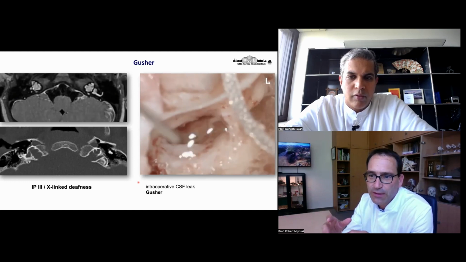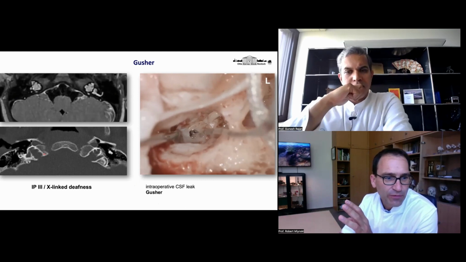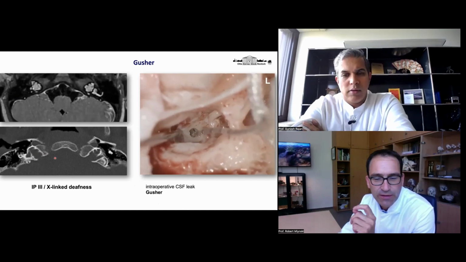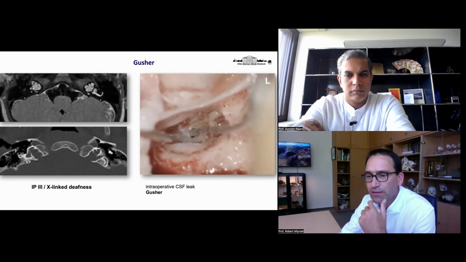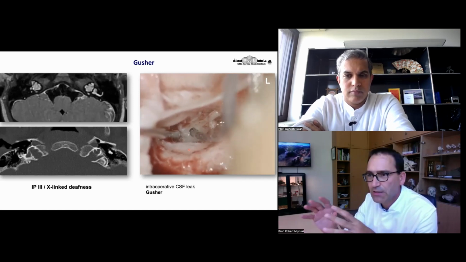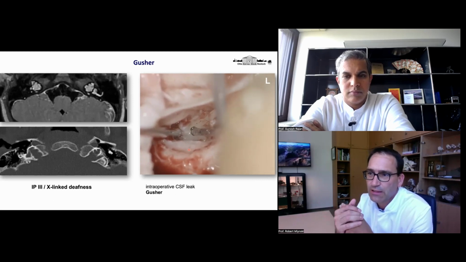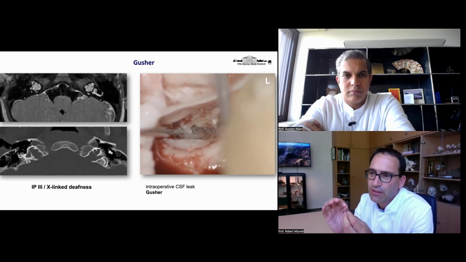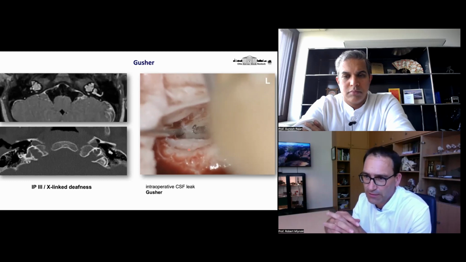Sometimes if I'm not sure with the Autoplan decision, for example here IP3, X-linked deafness with a real gusher where the CSF comes out, then you can use an insertion probe. There are at least three different test electrodes where you can see how to manage the cochlea without opening the actual implant yet.